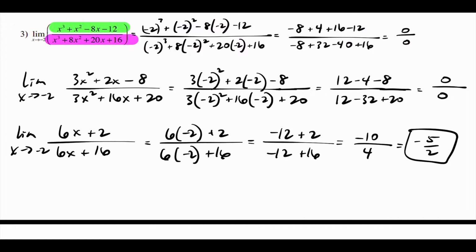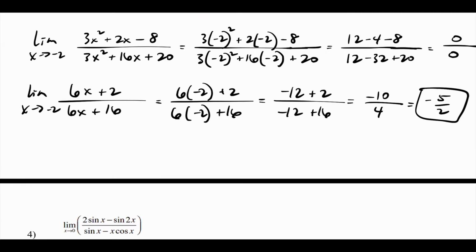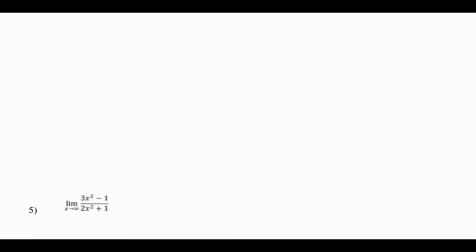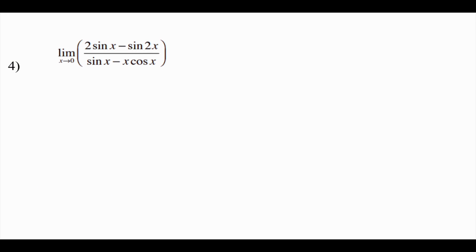That's the limit. Okay. All right, so that's L'Hopital's rule. Pretty much everything else is just questions about that. Number 4 is the exact same type of question. You've seen number 4 type of question before. It's just a trig function. That's all it is, trig.